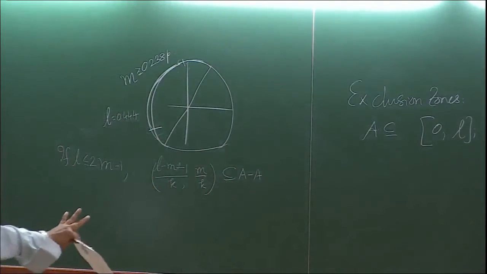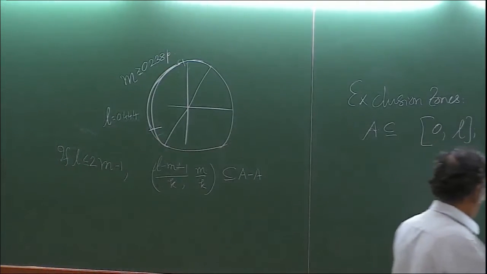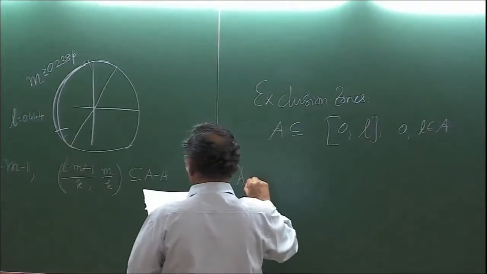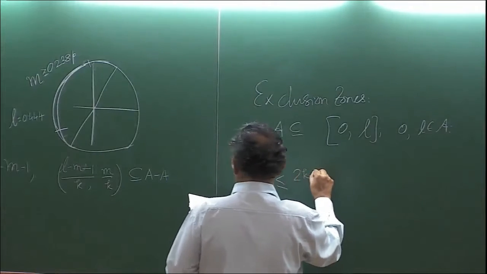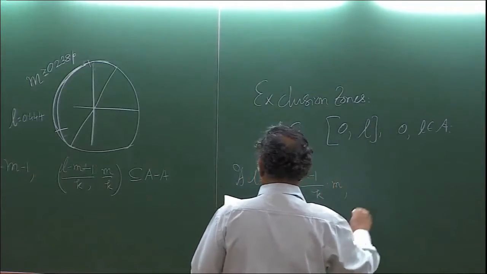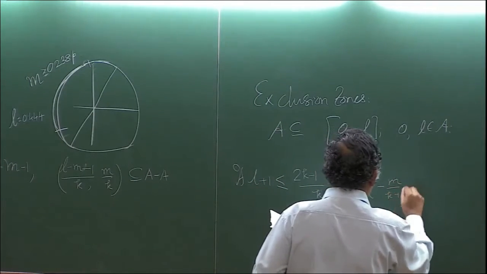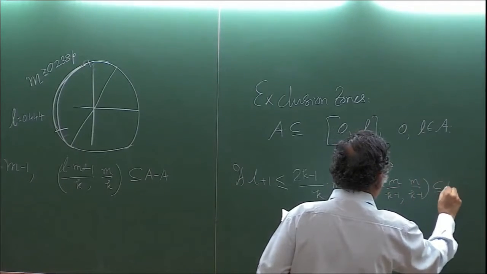And therefore that is an exclusion zone. And also, if L plus 1 is lesser or equal to 2k minus 1 divided by k into m, then minus m over k minus 1 to m over k minus 1 is an exclusion zone.